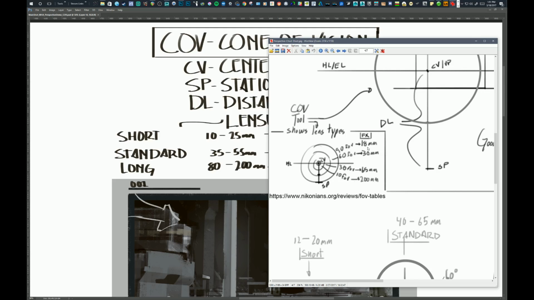Okay. If we want something that's more standard, we would look for something that's more like a 60-degree field of view. So that means from the eye, the station point, to the center of vision, we would take a protractor and measure 30 degrees on both sides, which would give us a total cone from the eye that's facing outward towards the picture plane.